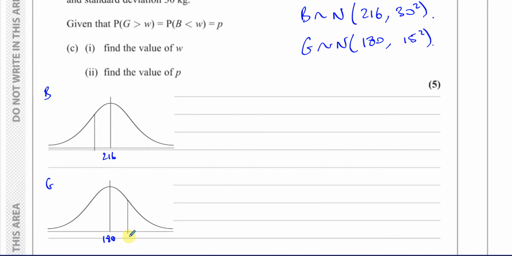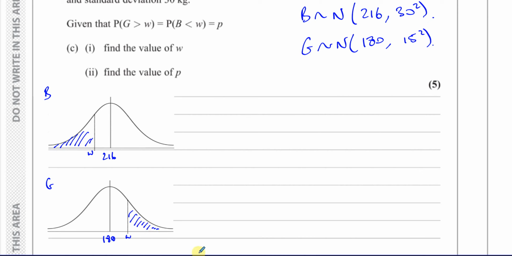Our W is going to be over here for the gorilla and here for the buffalo. Okay, because the probability that the gorilla has a weight greater than that is going to be equal to the probability that the buffalo has a weight less than that. All right, so it has to be such that these two areas are the same. This area here is the same as the area there.